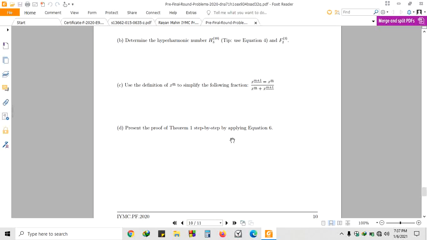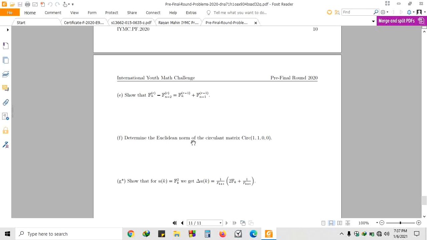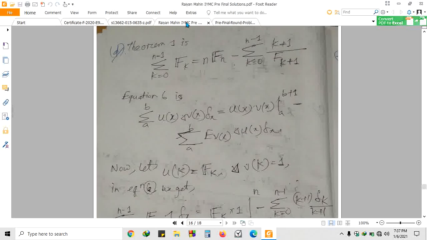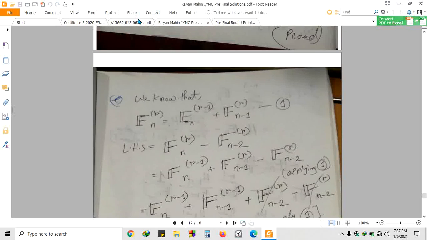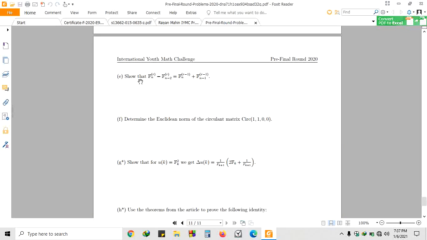So then let's go to the next problem, that is E. Here we have to show that the left hand side equals the right hand side.